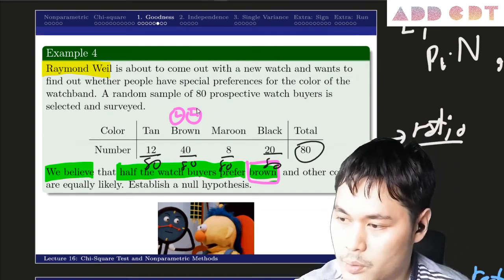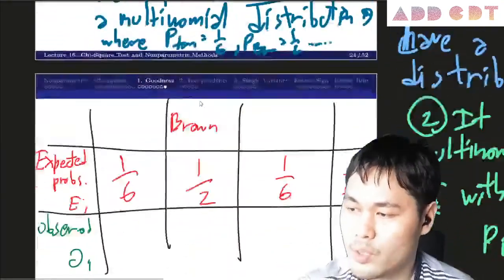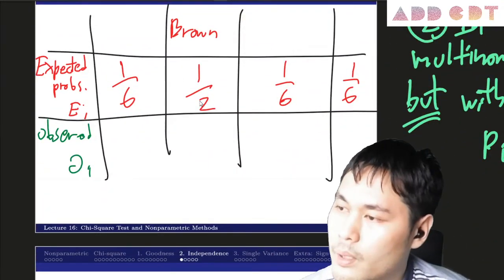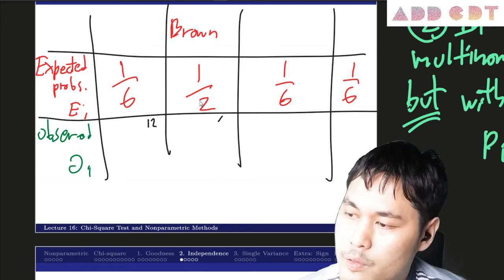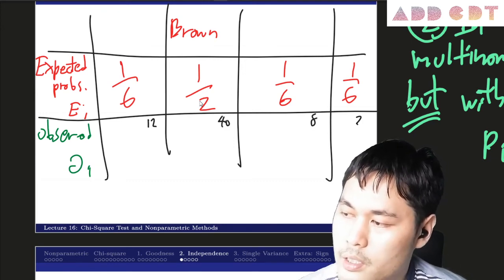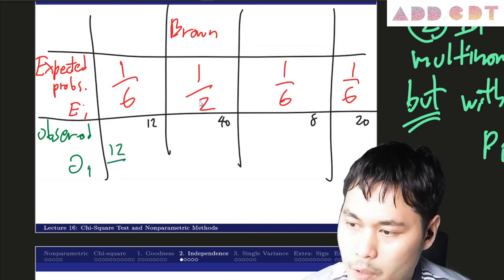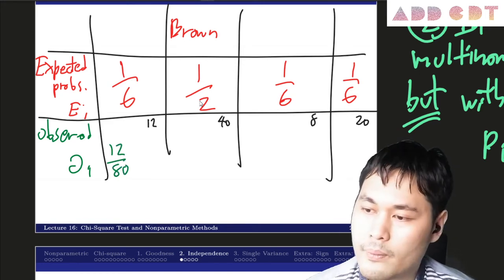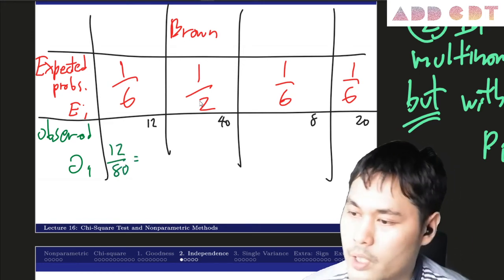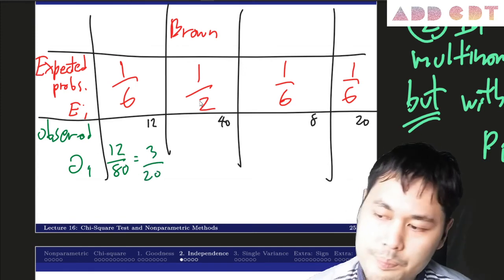So that's 12, 40, 8, 20. This one would be 12 divided by 80, and we can cancel to get 3 over 20.